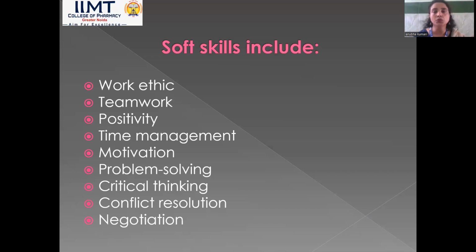Another aspect of soft skill would be motivation. Let's say in a situation, how a person behaves if he or she sees that some other person is morally down, is into depression, or is feeling low.